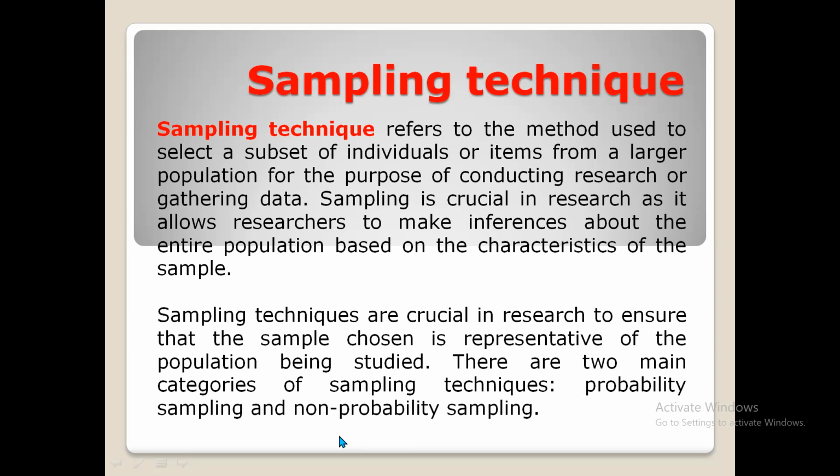There are two main categories of sampling techniques: probability sampling and non-probability sampling. In probability sampling, every person in the population has an equal chance of being selected into the sample, whereas in non-probability sampling, they do not. But for the purpose of this lecture, we are going to focus on probability sampling techniques.